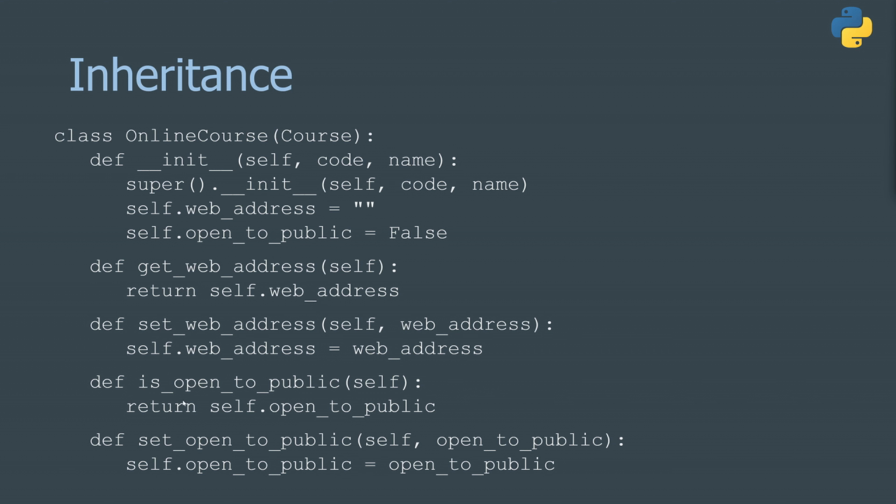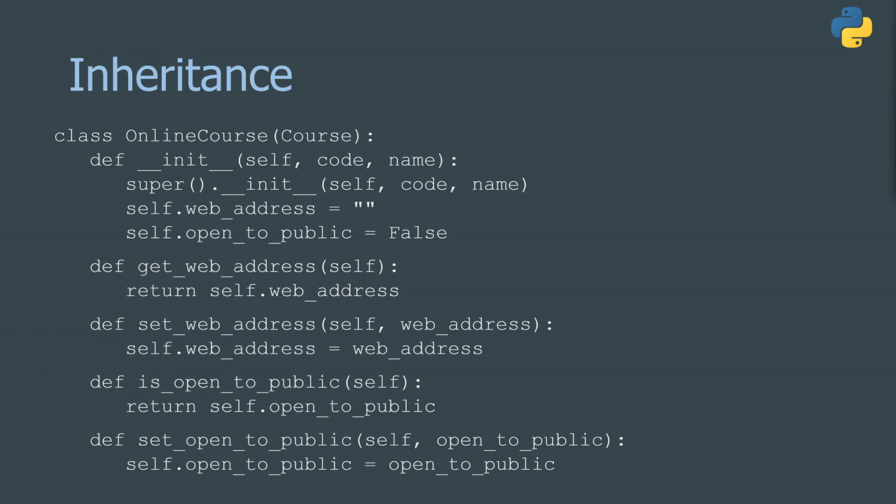Now notice that the getter for the Boolean valued variable actually starts with is instead of get, and that just makes it more readable. This is my convention, and it actually is used by a lot of coders, but a lot of coders also use get. So get open to public isn't wrong, but is open to public is more like an English sentence. So oftentimes you might do something like if statement is open to public.